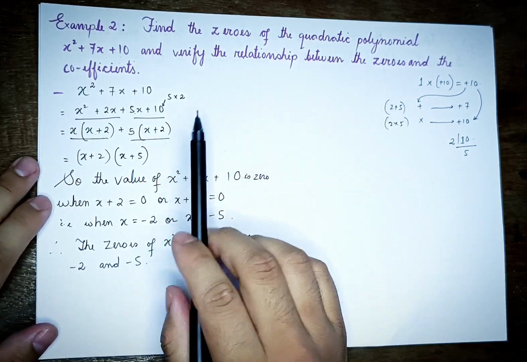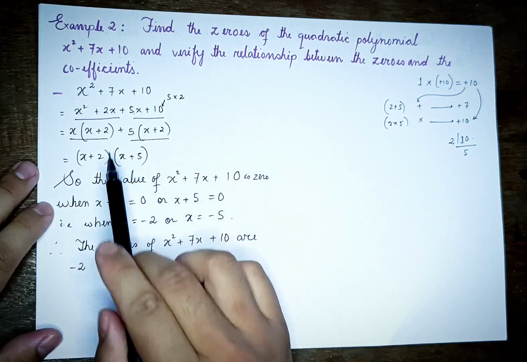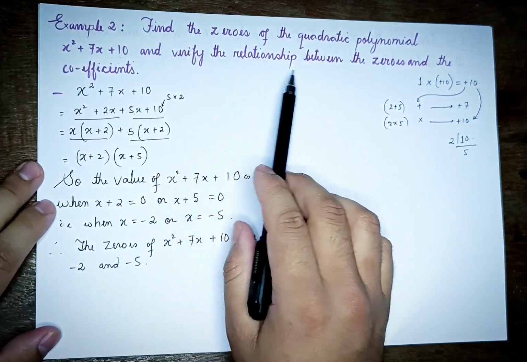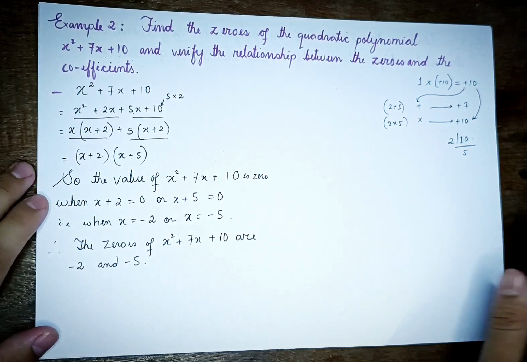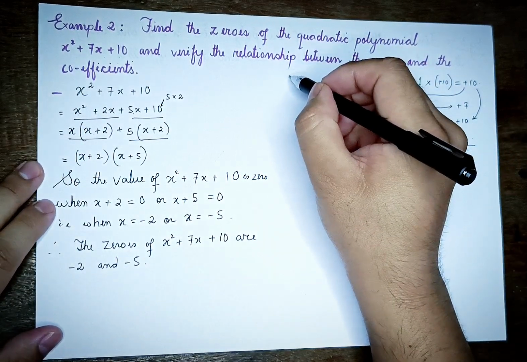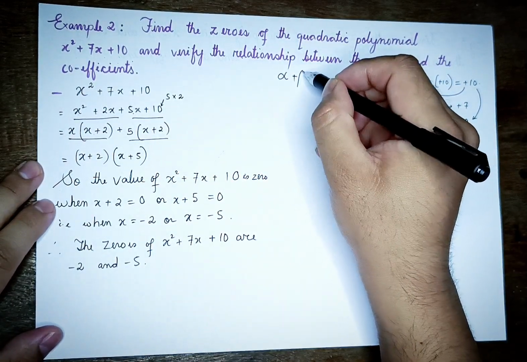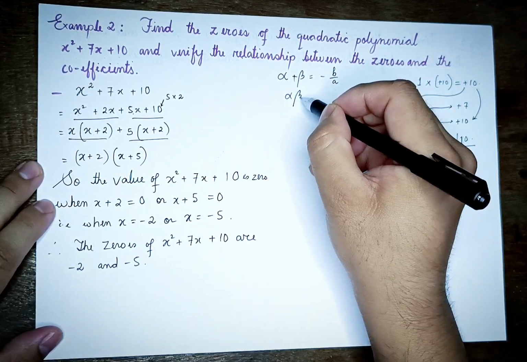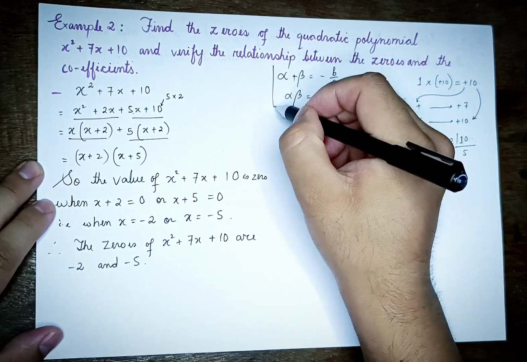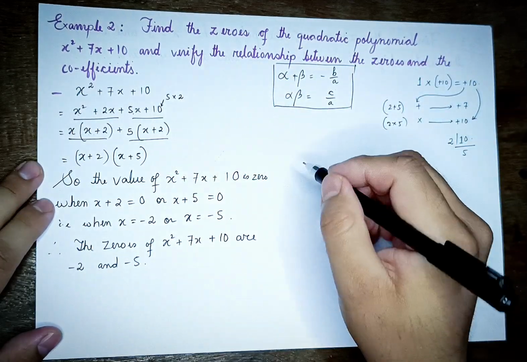Okay, we found the zeros of this quadratic polynomial. Now let's verify the relationship between the zeros and the coefficients. We already know that the sum of zeros is given by minus b by a, and the product of zeros is given by c by a. Okay, let's verify it.